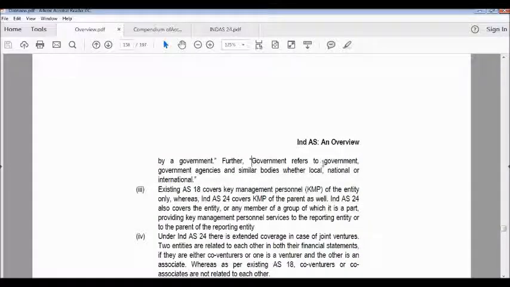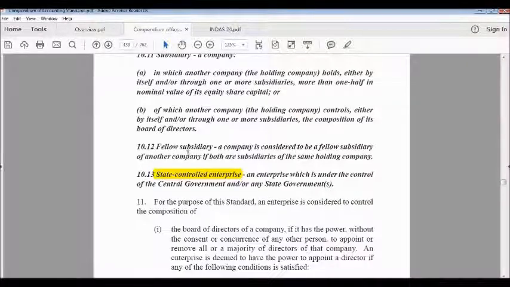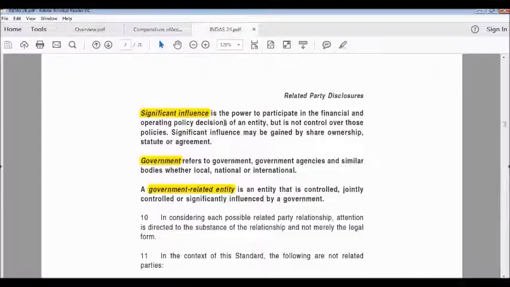Further, government refers to government agencies and similar bodies, whether local, national or international. Not much relevant for you guys. Government is itself defined in Ind AS 24.